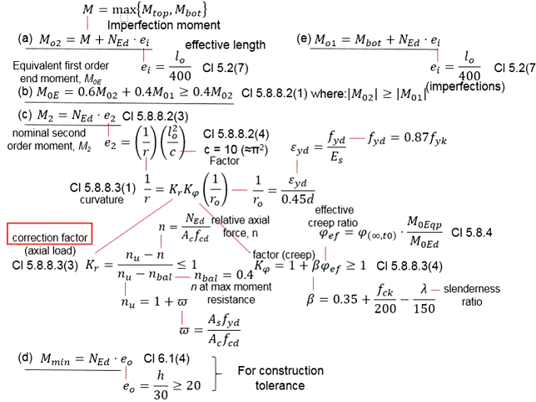KR is a correction factor, which at the early stage of the design, you have no idea about the amount of reinforcement bar to be provided in the column. At the moment, you do not know the As. Not knowing the As, you cannot get the omega. Not able to get the omega, you can't get the nu, and therefore you can't get the KR, and subsequently you can't get the M2, which is the second order moment.